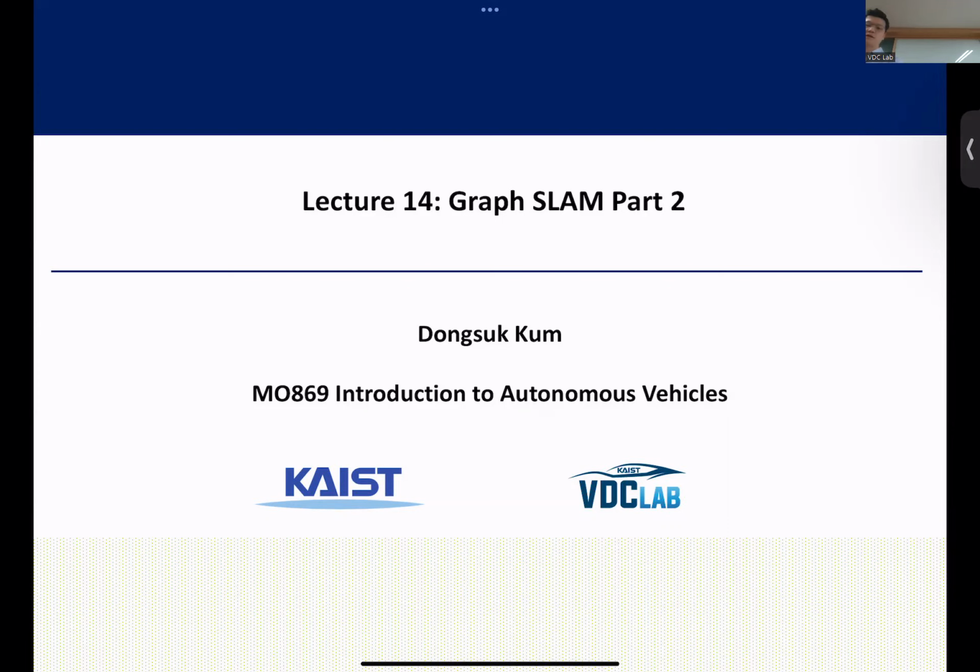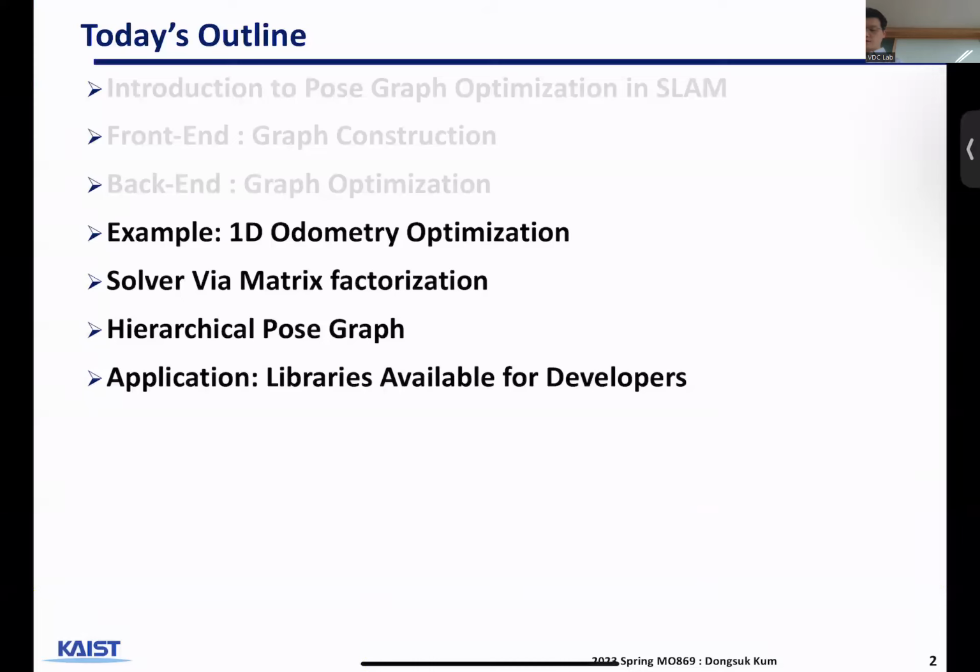And today, we're going to start with an example, one-dimensional odometry optimization, and then we'll talk about some of the practical issues that arise when you apply this graph optimization to SLAM problems. All right.